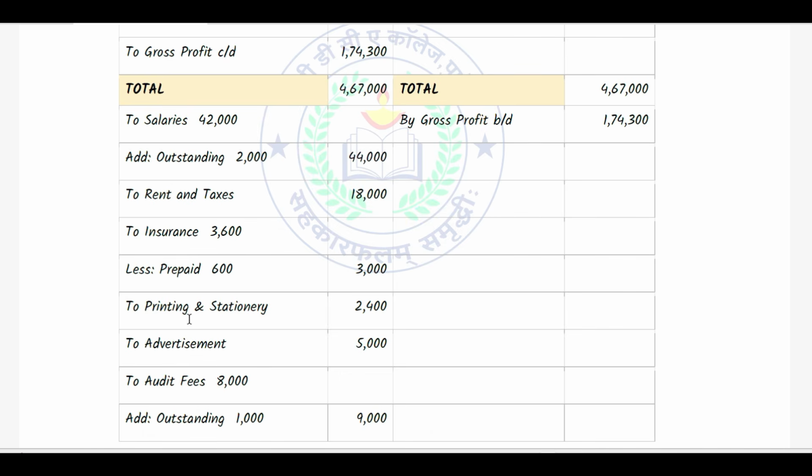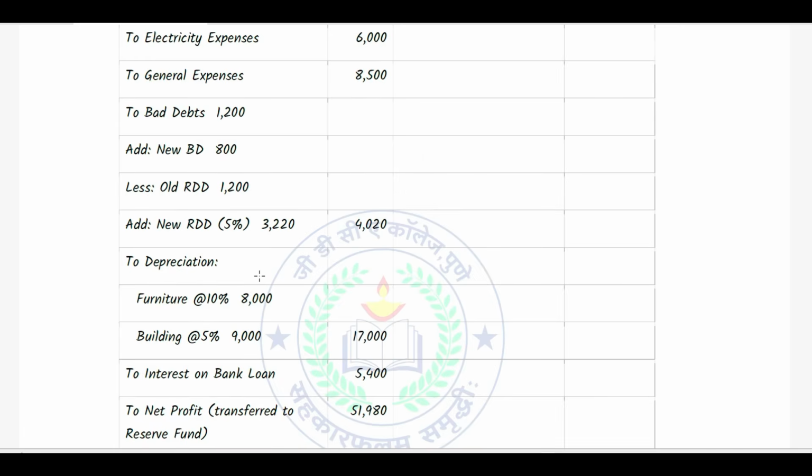Then next, to printing and stationery 2,400 rupees. To advertisement 5,000 rupees. Then to audit fees 8,000 rupees, then add outstanding 1,000 rupees, that is coming up 9,000 rupees total.